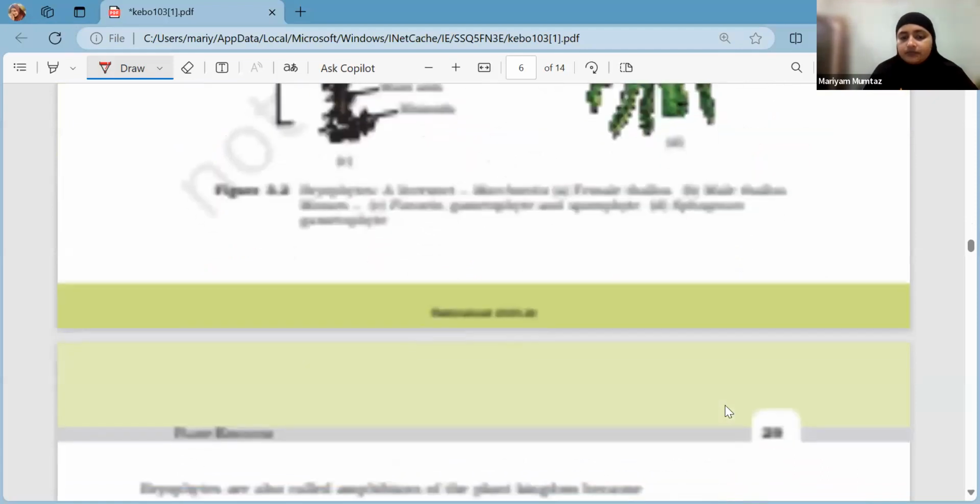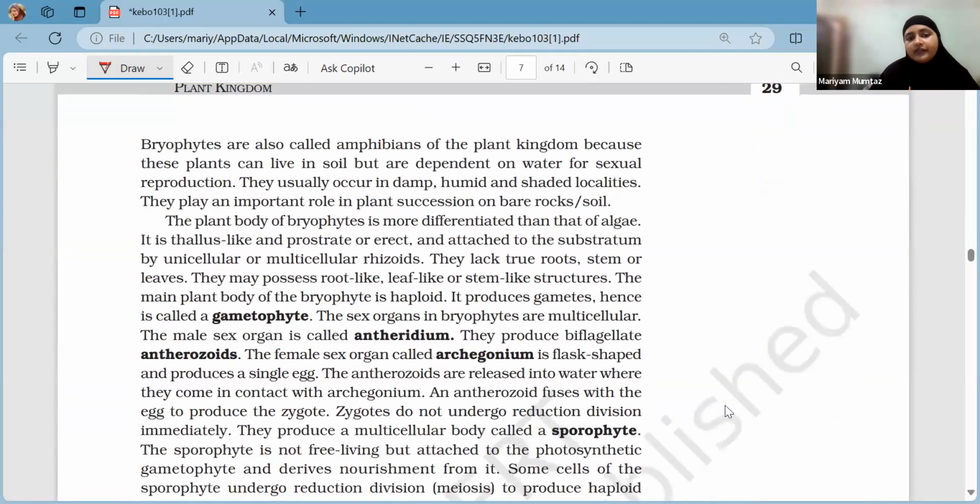Moving forward, bryophytes are also called the amphibians of the plant kingdom. Why? Because these plants can live in soil, but are dependent on water for their reproduction process, sexual reproduction. If water is not there, then they will die, because they need the water for gamete transfer only. Now, they usually occur in damp, humid, and shaded localities.